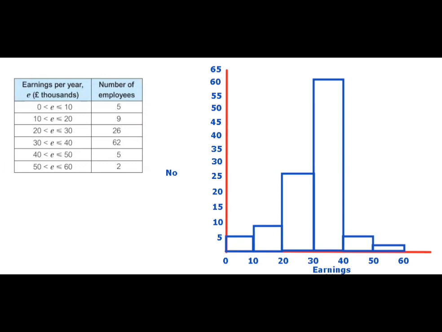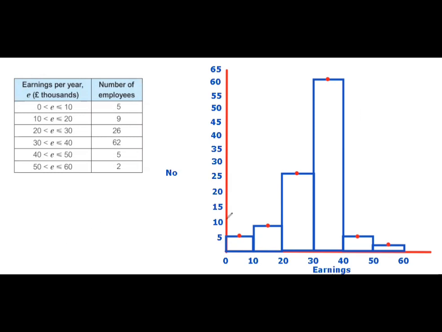So first, let's find the midpoints here. The midpoint is over here, yes. Okay, I'm going to find the midpoint for each bar like this. It's the point in the middle, yes. So it's over here and over here, here and here.